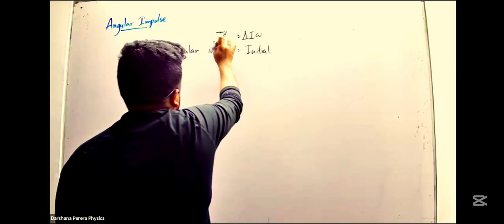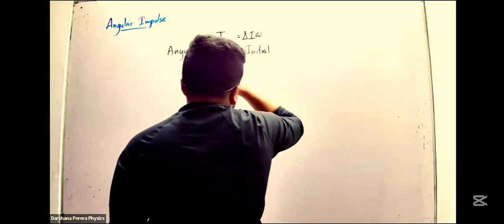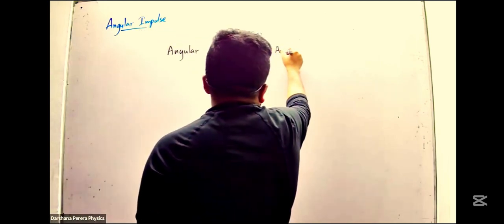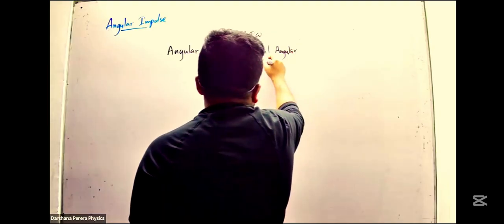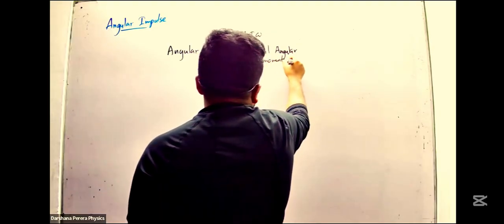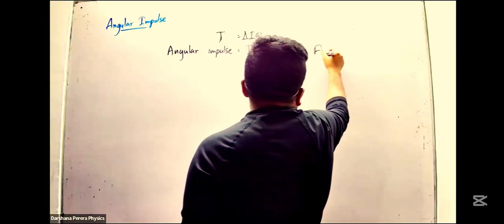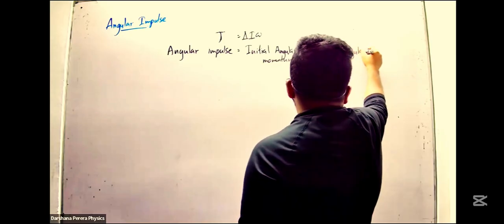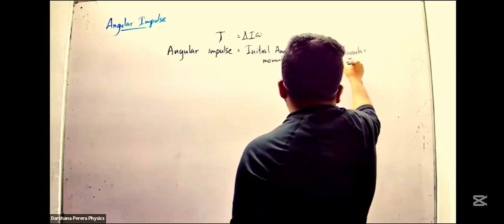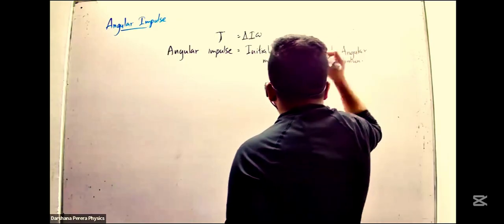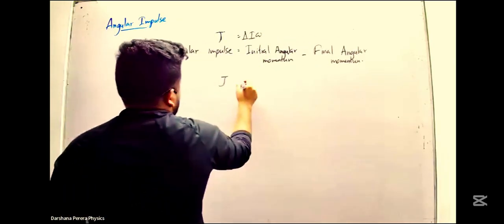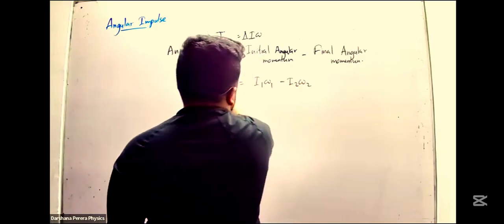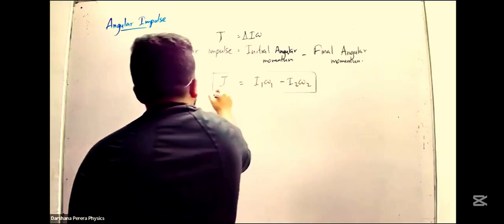That means the angular impulse equals the change of angular momentum, initial angular momentum minus final angular momentum. J means I1 omega 1 minus I2 omega 2.